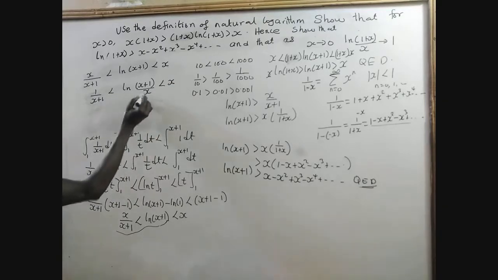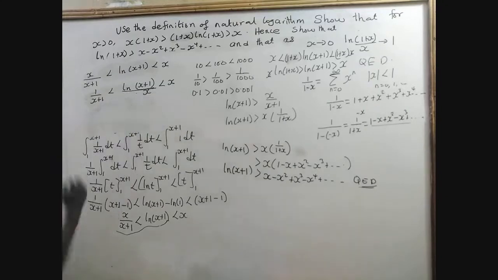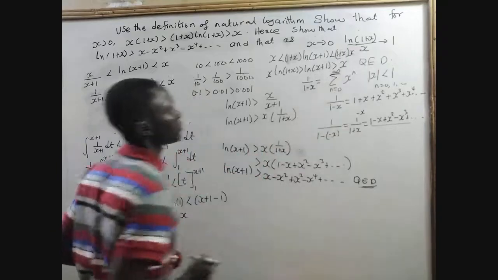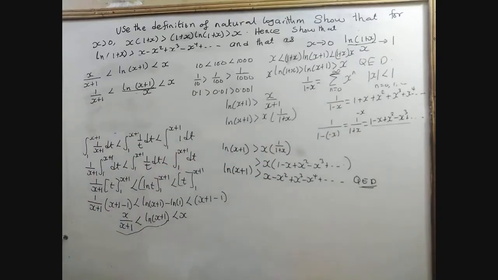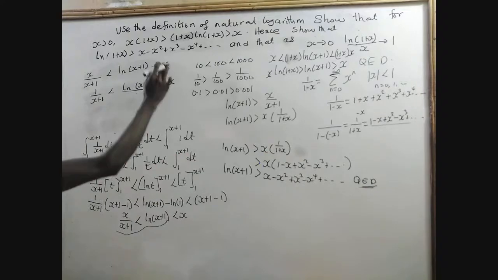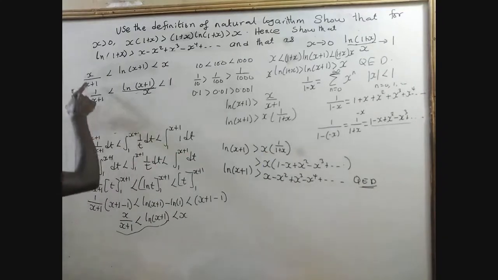Remember, this x is not inside, it is dividing everything, like what we have here. We divide, this x will go and this x will go, and we'll have this.